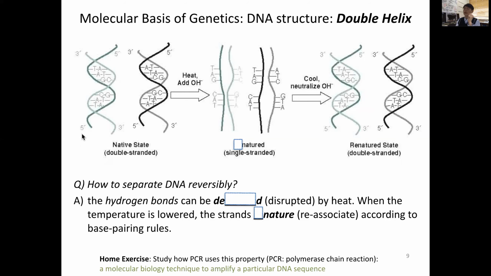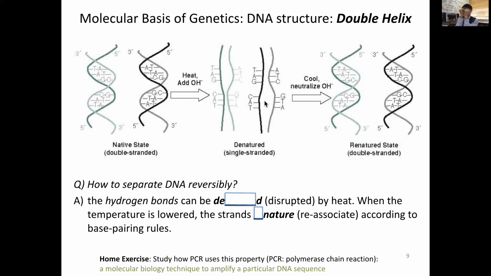But there are so many hydrogen bonds, it's like molecular Velcro, and it is usually very stable. But if you add heat or add OH minus, they can interfere with the hydrogen bonds and the strands can detach, and that we call denaturing, so that we can make this DNA single-stranded temporarily.